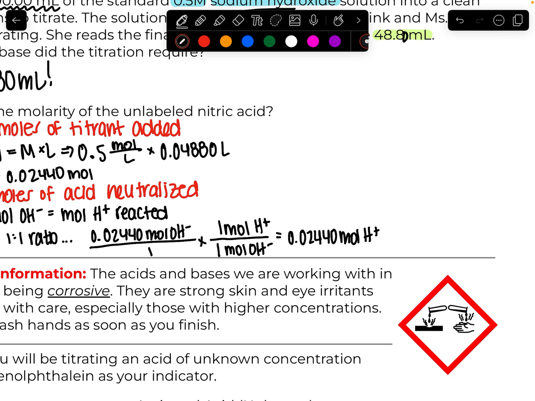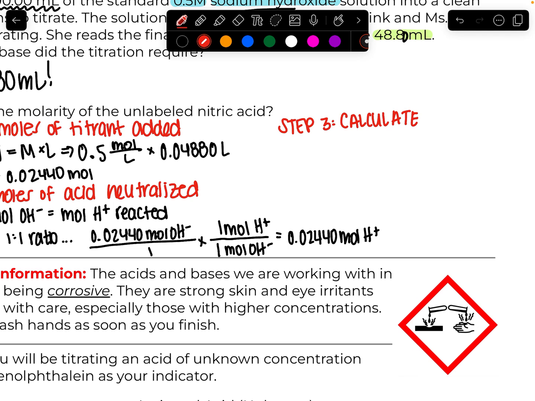Okay, so now that we know this information, we can move on to step 3, our last step. We started with figuring out how much titrant we added. We converted that to moles. We compared our moles by knowing that at equivalence point, the moles of the acid and base reacted must be equal to each other.